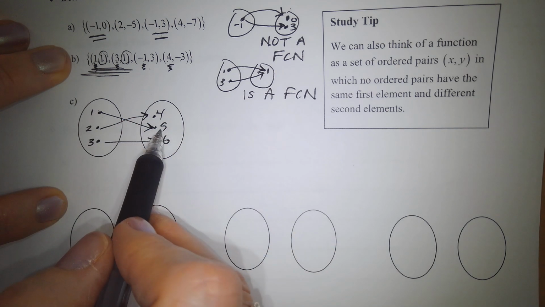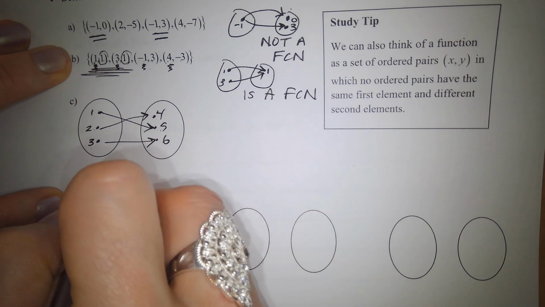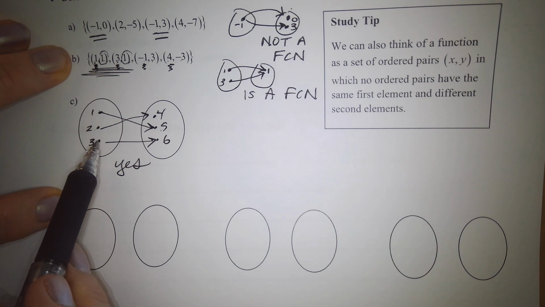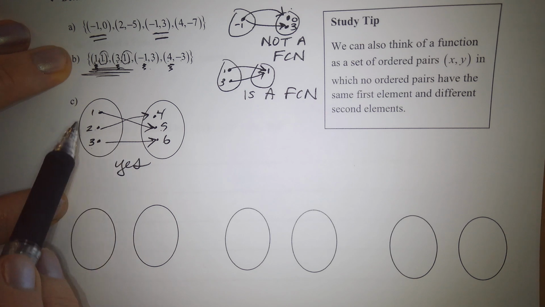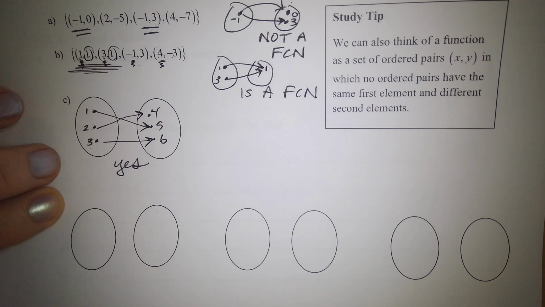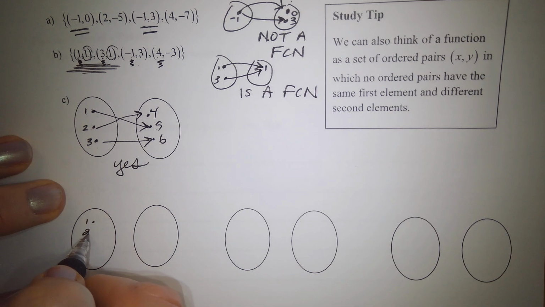So 1 goes to 5, 2 goes to 4, 3 goes to 6. This is a function. What we're looking for is an x that goes 2 different directions. And none of these x's go to 2 different y's. Down here, a function. Let's say let's increase and put an extra number in our domain.